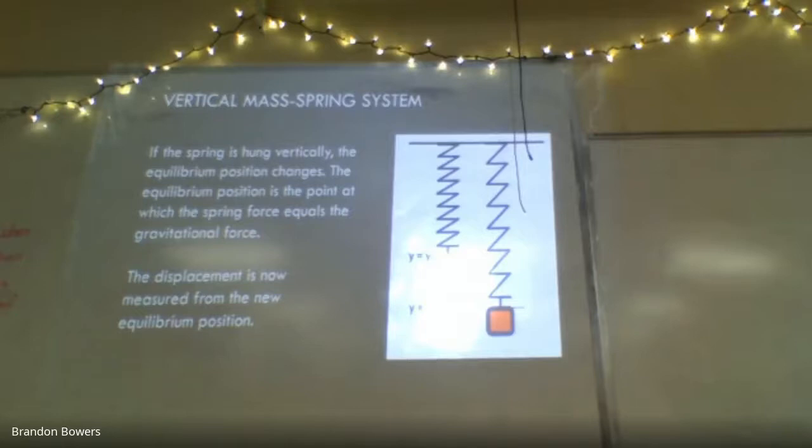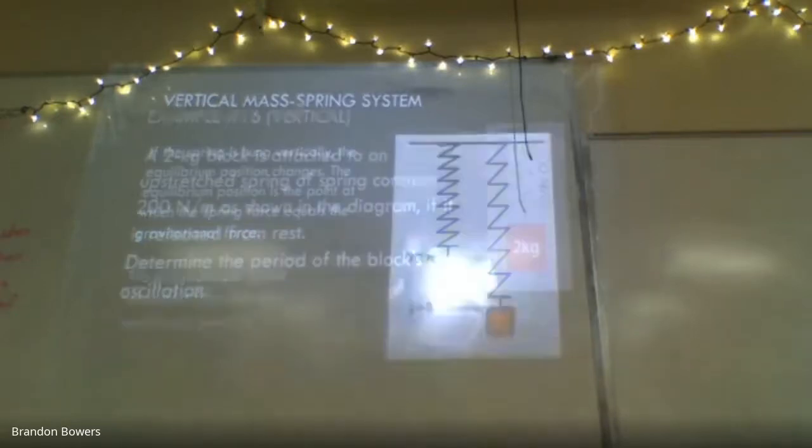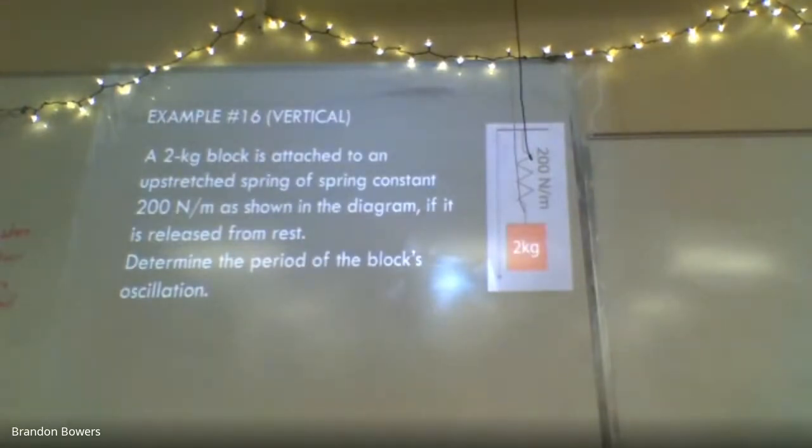Okay, so let's try a vertical one. In this problem, a 2 kilogram block is attached to an unstretched spring of spring constant 200 Newton per meter, as shown in the diagram.